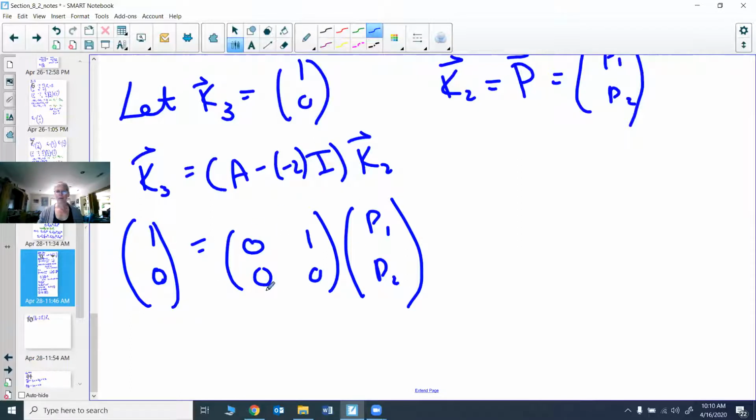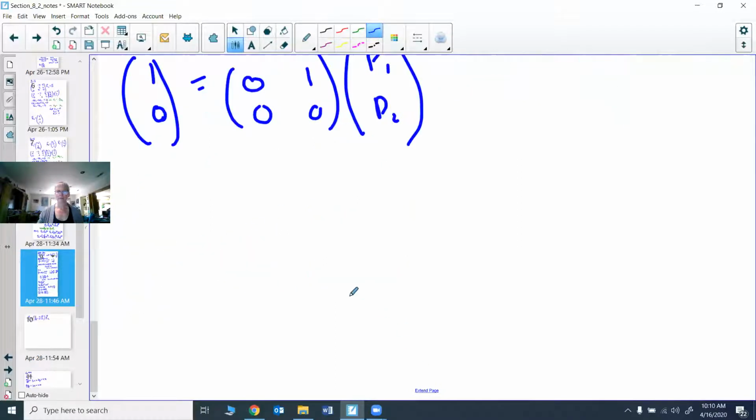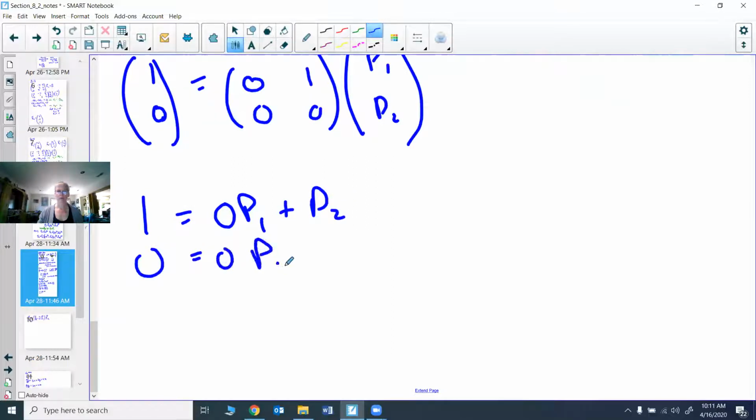So now if I did this multiplication, I can see, hey, I'm going to get 1 equal to 0 times P1 plus P2. And 0 is going to equal 0 times P1 plus 0 times P2. So therefore, P2 equals 1. P1 can be anything we want it to be.